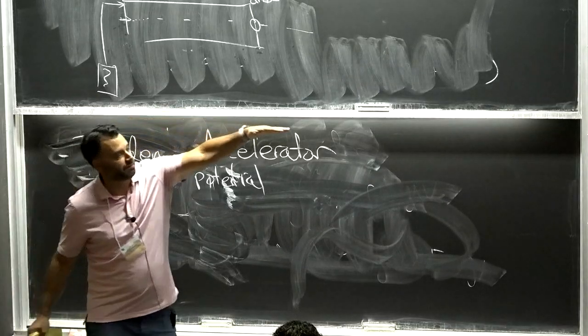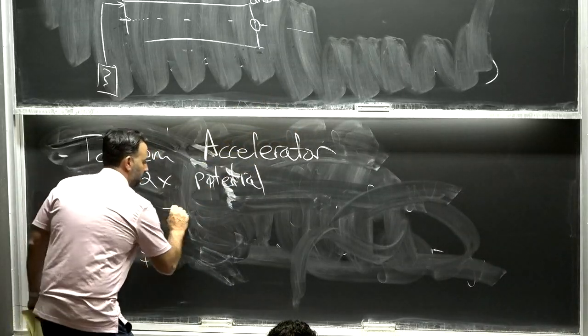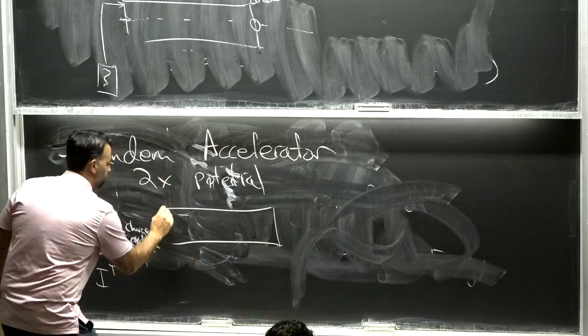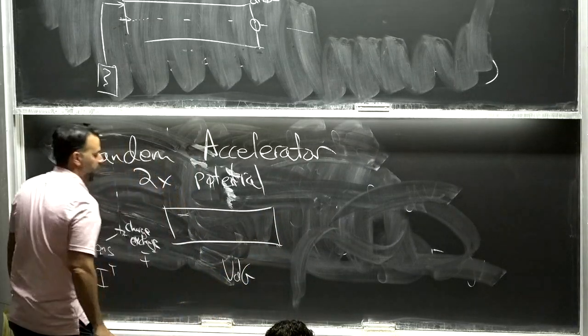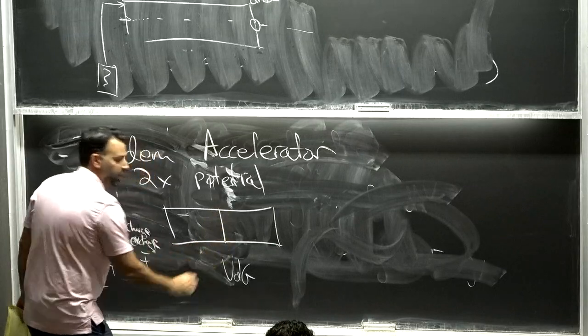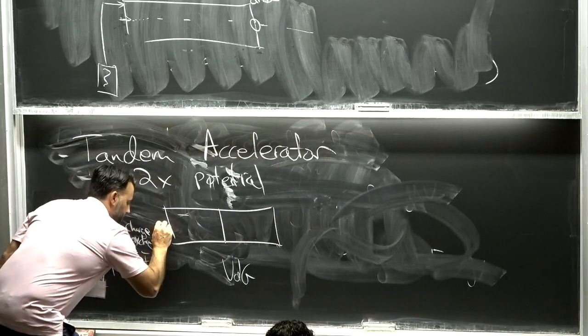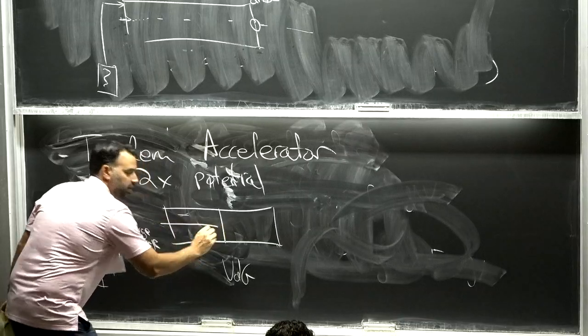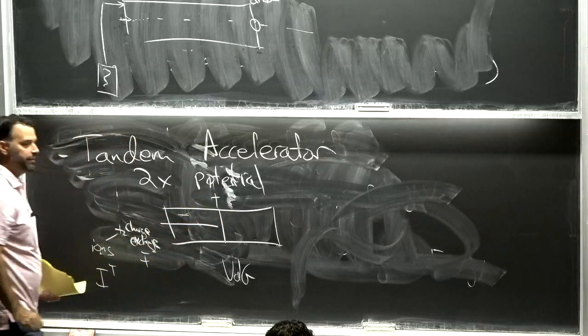Then you take a Van de Graaff generator that gives you this large potential difference, and you essentially set up an accelerating region where your Van de Graaff is sitting here, and you give it a potential at this point. So you accelerate your negatively charged particles up to this potential. You pull them in with a positive potential here.